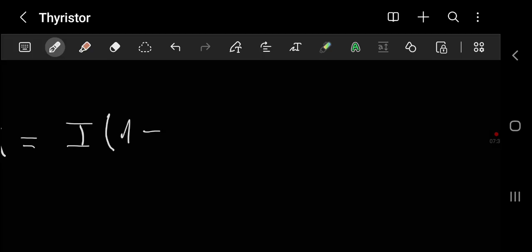So that is the formula that is given to us, and I'm going to explain each term of this formula right now.